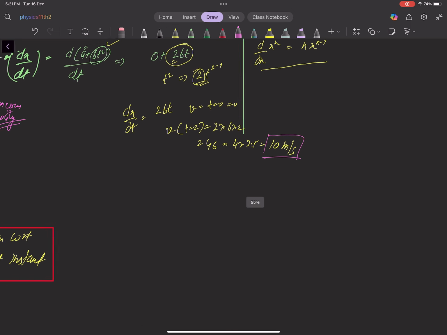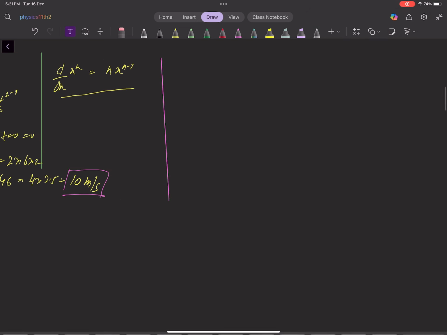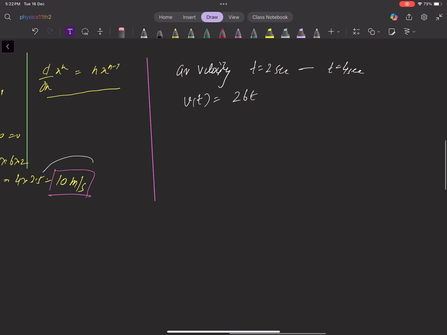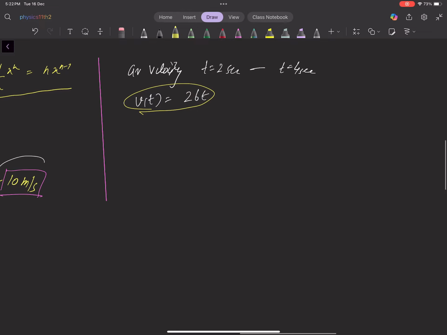Now if you are asked to find the average velocity from time t equals 2 seconds to t equals 4 seconds, note that 2bt is the term for instantaneous velocity. So what we have to find is the average velocity.